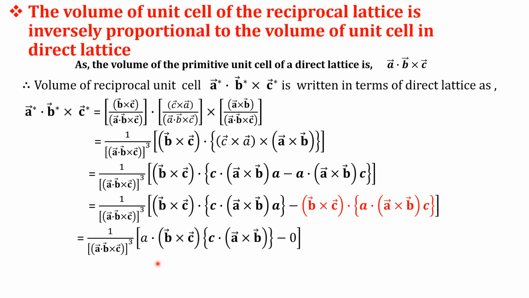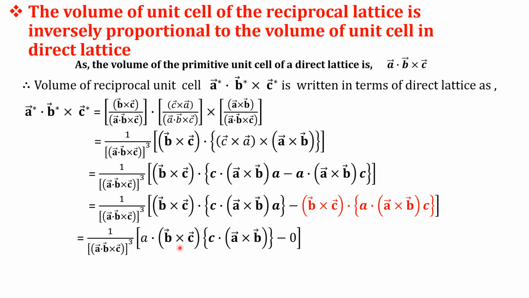Therefore, the simplified term we write here 1 divided by A dot B cross C bracket cube, inside the bracket, this A we take outside. A dot B cross C, this term is as it is. C dot A cross B. Second term is 0.